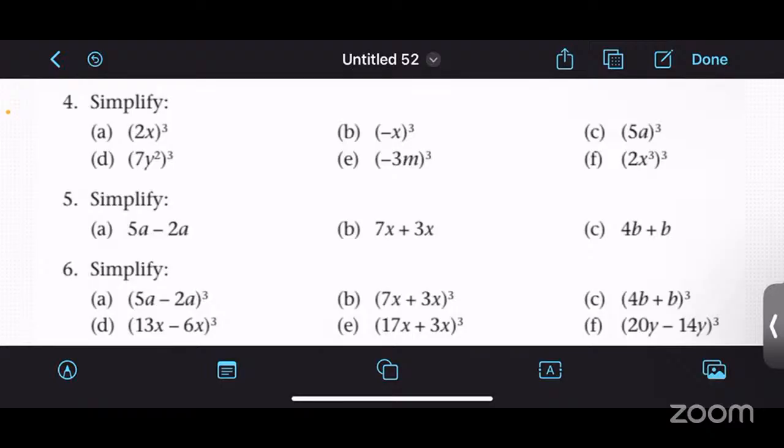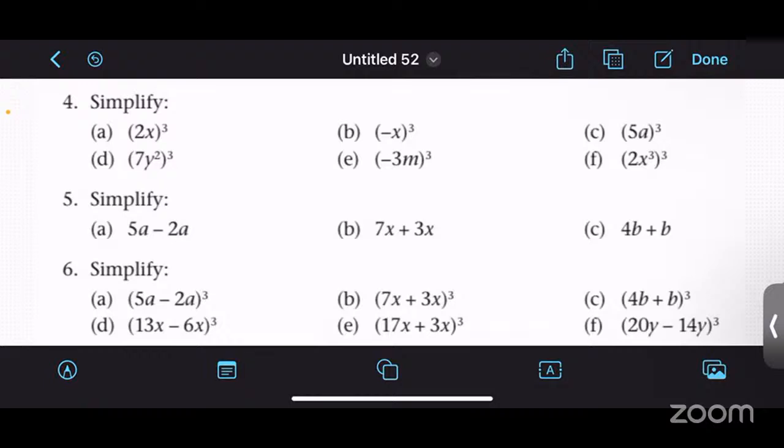And C says in brackets we have 5a to the power of 3. How are we going to simplify this? Ma'am, first you write 5 to the power of 3 in its own bracket and a to the power of 3 in its own bracket.